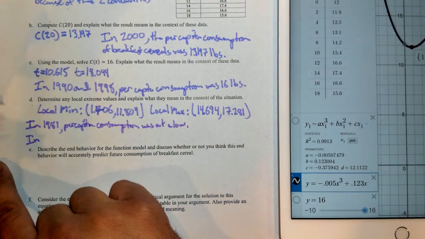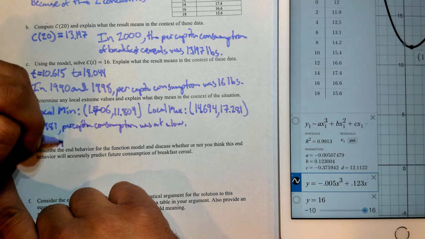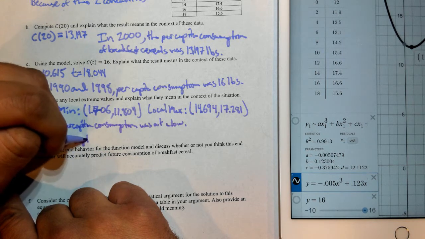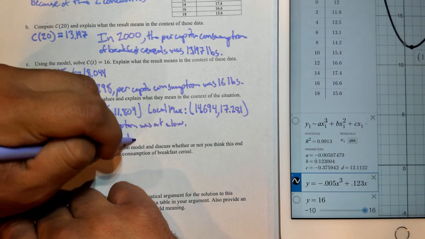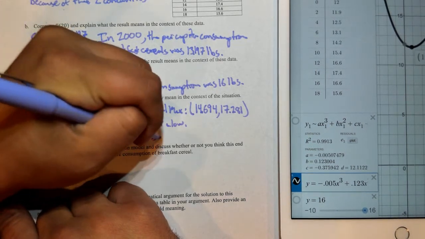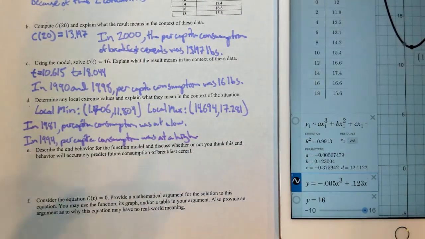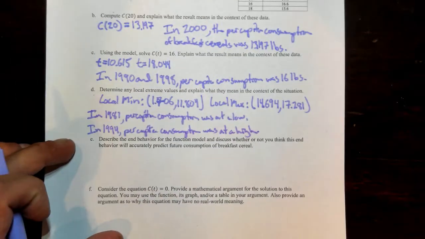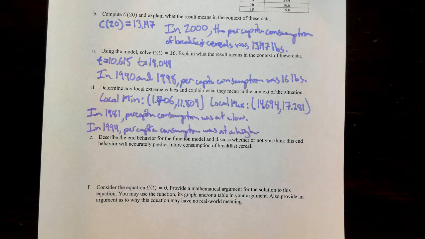And in, let's see, 14 years after, in 1994, per capita consumption was at a high. So awesome. And then E, describe the end behavior for the function model and discuss whether or not you think this end behavior will accurately predict future consumption of breakfast cereal.